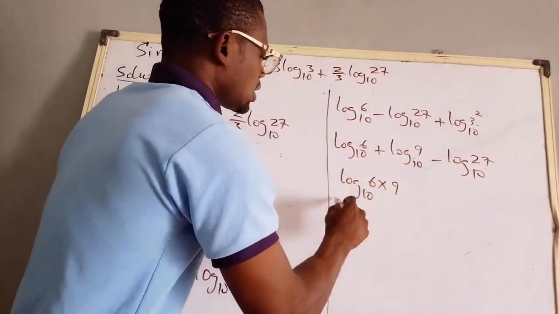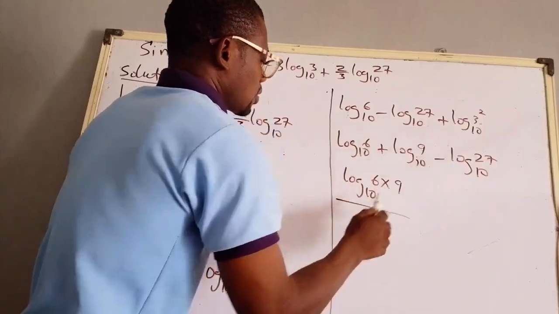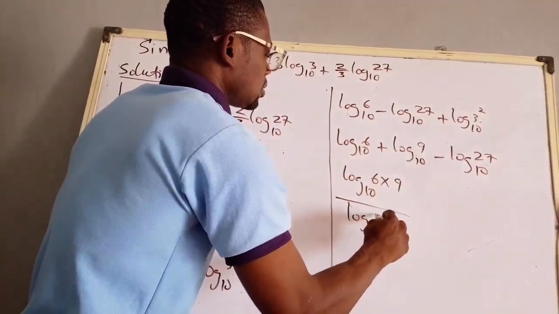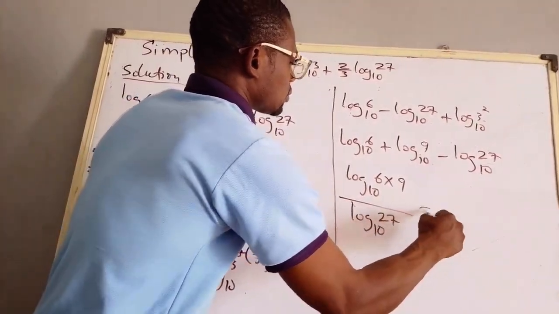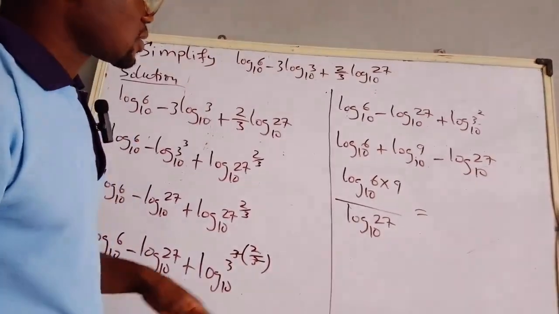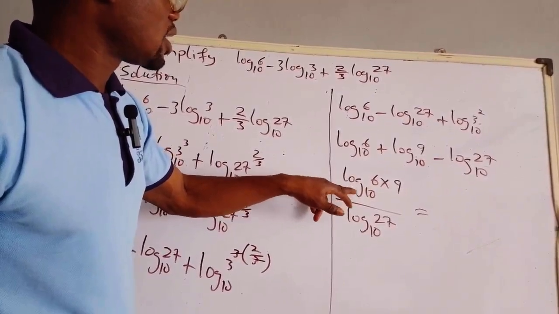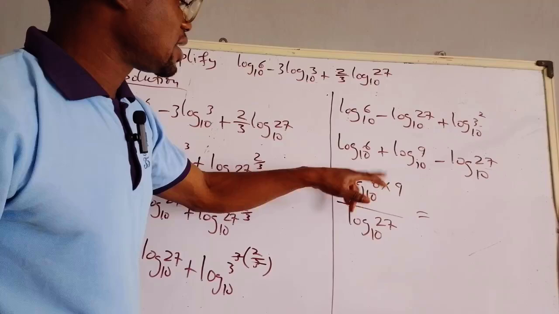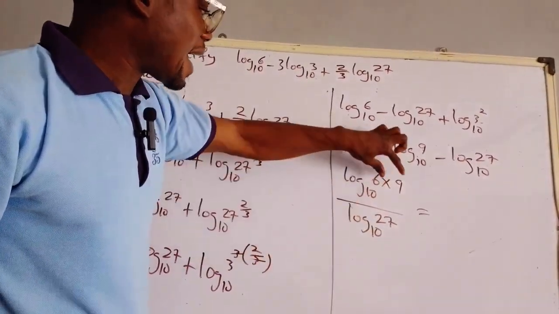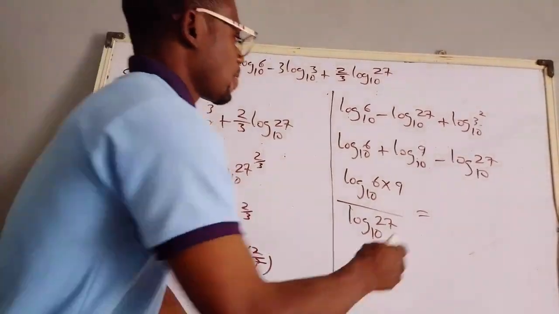So this is it. Now for the sake of this minus sign, I'll bring this one here. I have log base 10 of 27. Now another law of logarithm tells us that when two logarithms of the same base are dividing themselves, we pick one of the logarithms and divide their exponents. So this is what I would do.